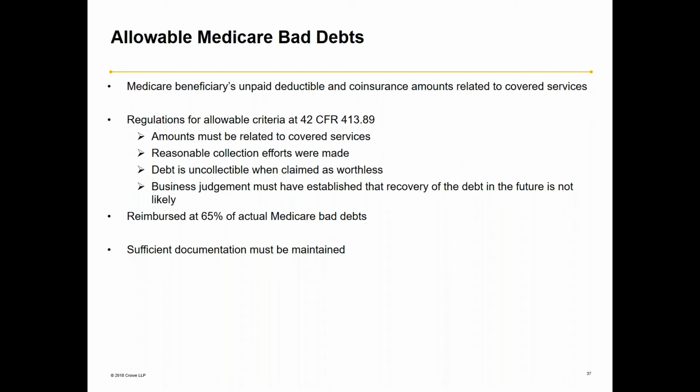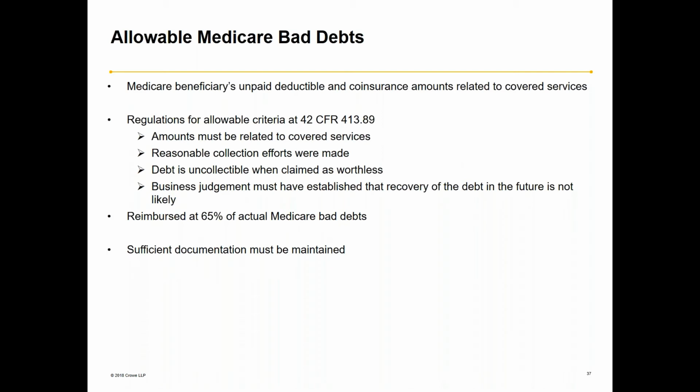At one point in time, when I started in this business several years ago, Medicare bad debts were being paid at 100%, and then ratcheted down over the years to 75%, down as low as 55%, and it's been at 70% for several years.